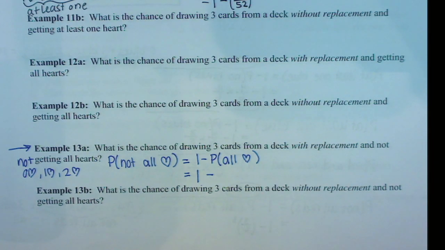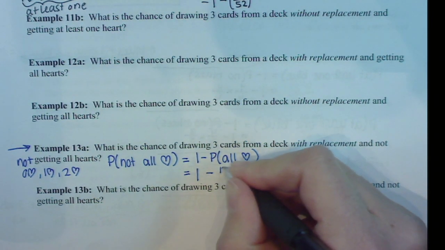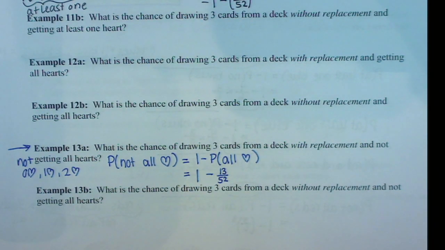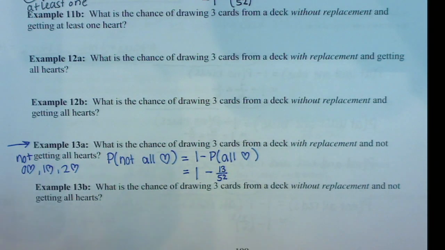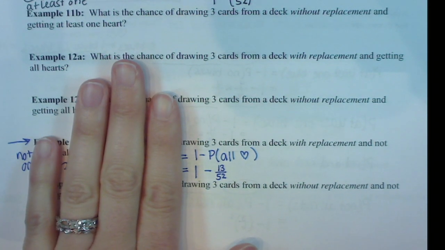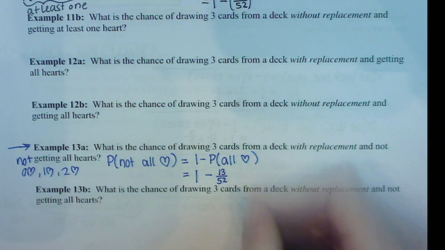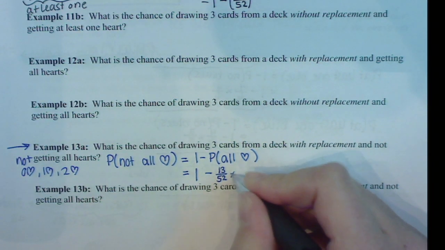So I'm drawing 3 cards, but again, let's think about the first card. The chance that I pull out a heart is just going to be all hearts, well, 13 out of 52. That's the chance of getting a heart. And I want that. I want to get all hearts because, again, let's not focus on the complicated not all. Let's look at the other side of the equation. So let's see. It's with replacement.